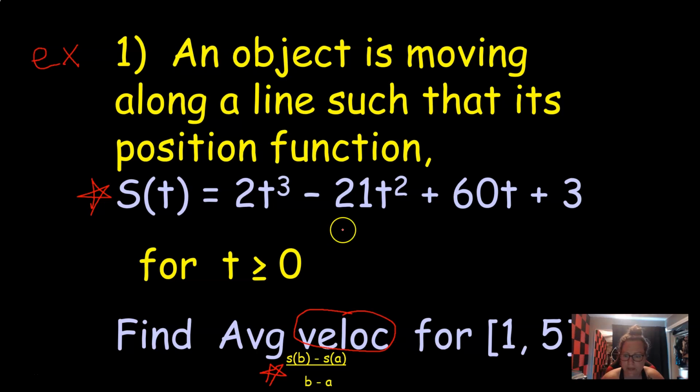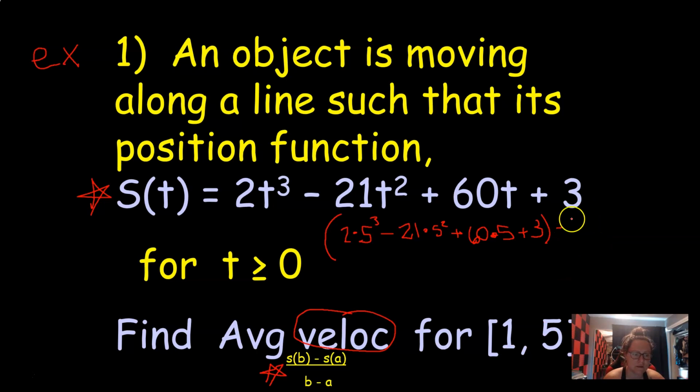So I'm just going to plug it in. I would take 2 times, my b is 5, cubed, minus 21 times 5 squared plus 60 times 5 plus 3. So that's s of b minus s of a.